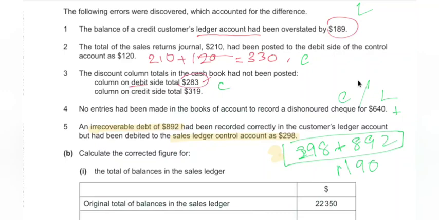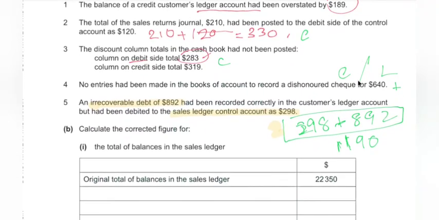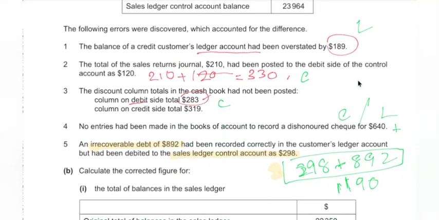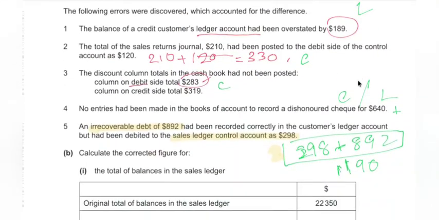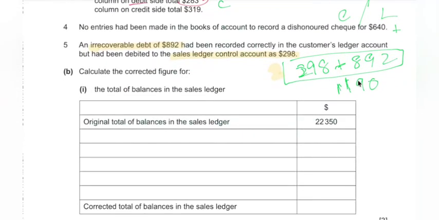So this is the total amount that we should record on the credit side of sales ledger control account. So basically this will be affecting your sales ledger control account balance. Now let's just write down these values, and that will help us see if our totals are correct.